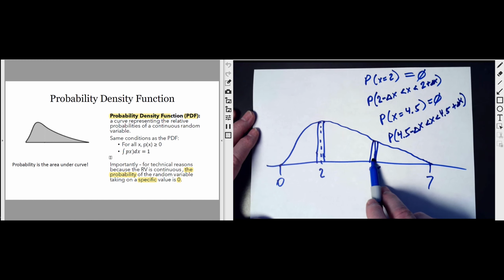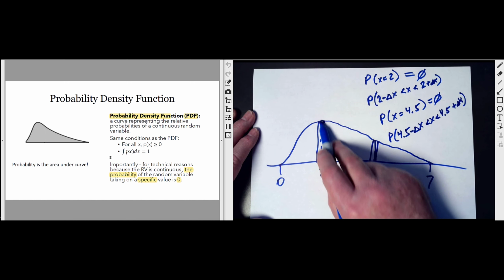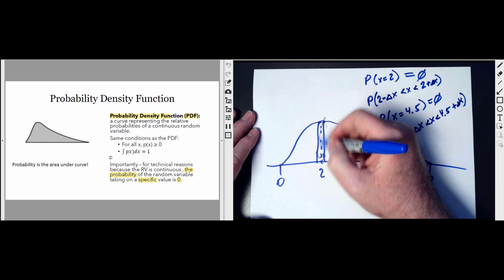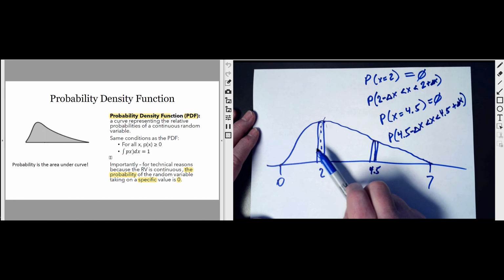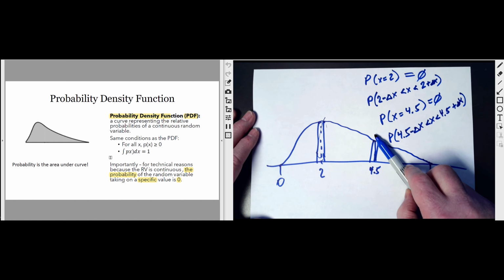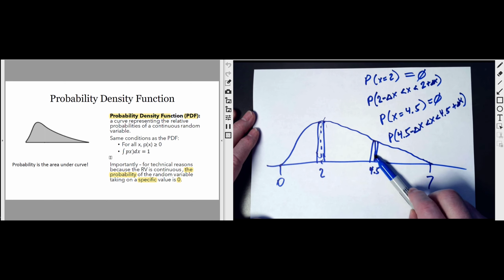All right, that's a really bad drawing, but the probability is the area of that around the value, and you can kind of see just by eyeballing my diagram here that although the probability of 2 is 0 and the probability of 4.5 is 0, the probability of being in a small interval around 2 is about twice as great as the probability of being in the same small interval around 4.5.